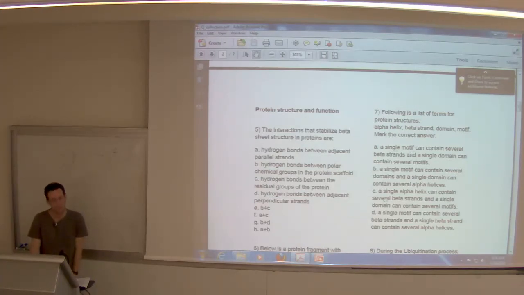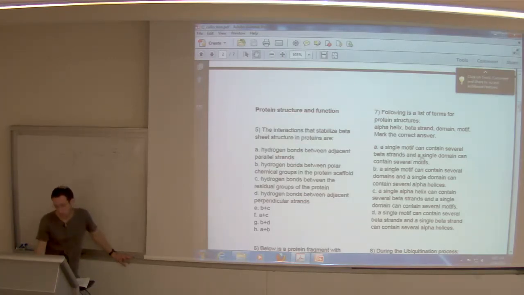So, which sentence is a correct argument about these terms? It's A. A single motif can contain several beta strands. We've seen it for the zinc finger motif and so on. Remember, a protein motif is something in the tertiary structure that can hold one or several secondary structures in it.